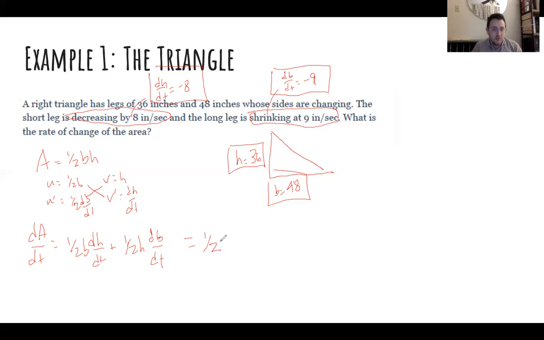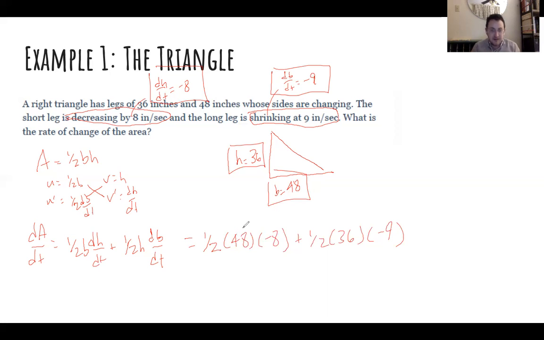So I have 1/2 times my base, which is 48, times my dH/dt. And then after that, I'm going to add 1/2 times my H, which is 36, times a -9, which is my dB/dt. And what I will do is just enter this in my calculator, one step at a time.